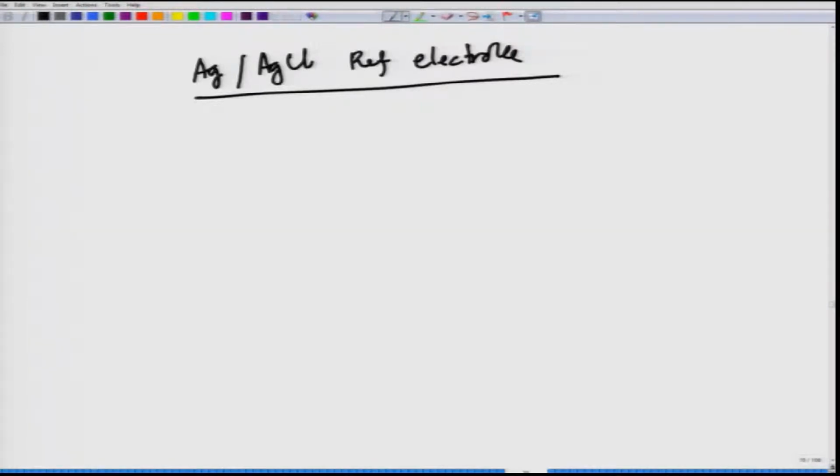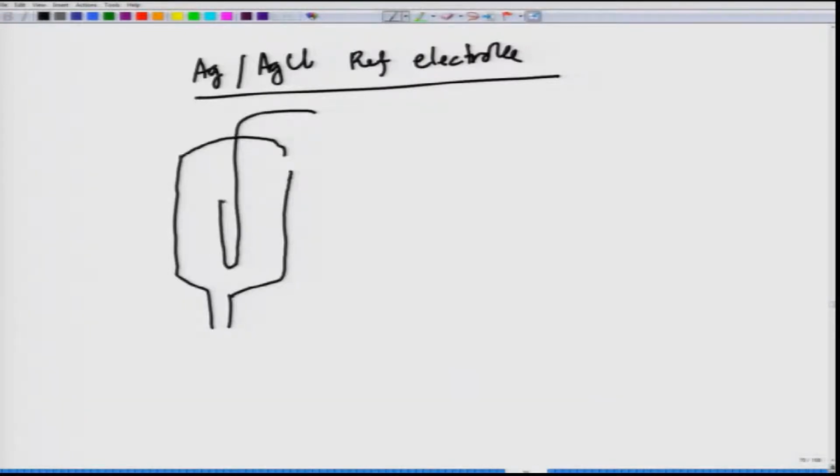Okay. So, essentially the way it looks like is something like this. I am just showing you the cross section of it. Okay. So, this is how it looks like. There is a porous plug, AgCl electrode, and Ag wire bent into a loop.